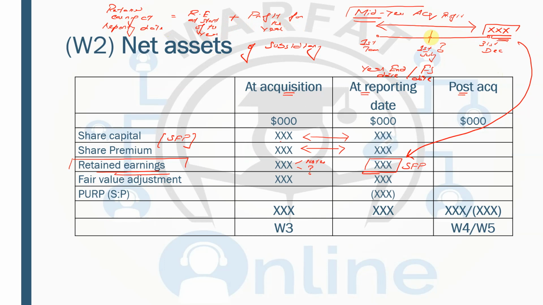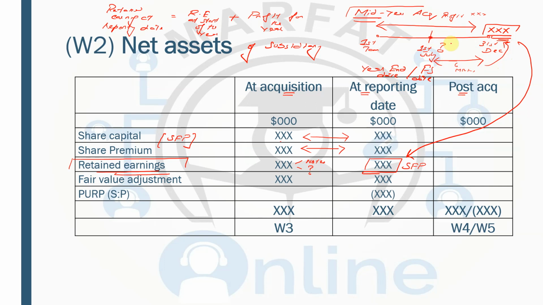Now we need the retained earning at acquisition, which is not given in the question. Two things are given: retained earnings at reporting date and the full year profit. What we are going to do is calculate the profit of these 6 months, and deduct it from this figure. When you deduct it, you will reach the retained earning at acquisition date.